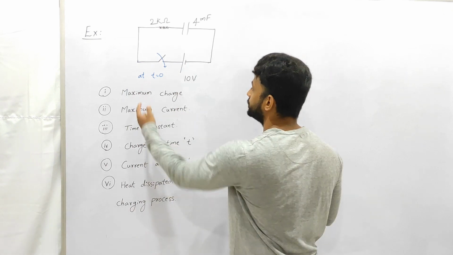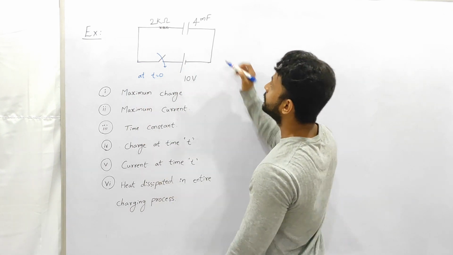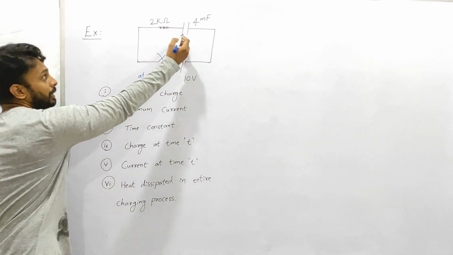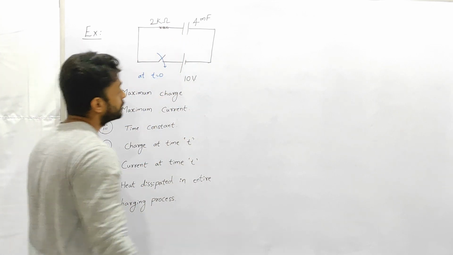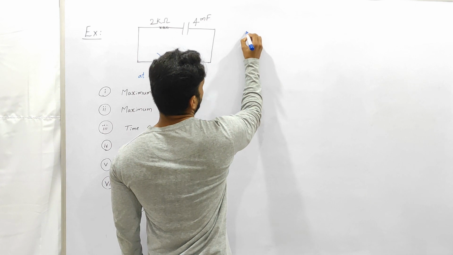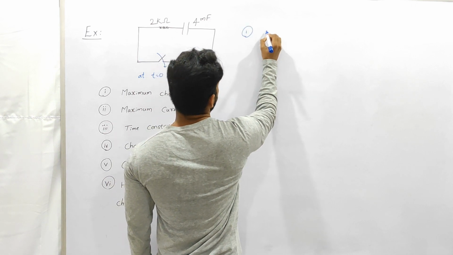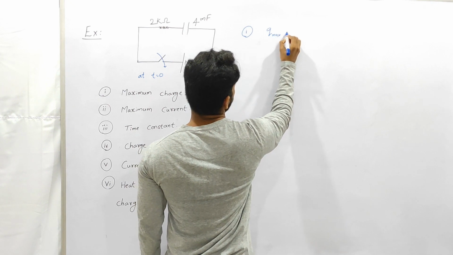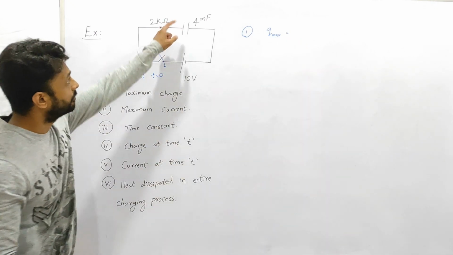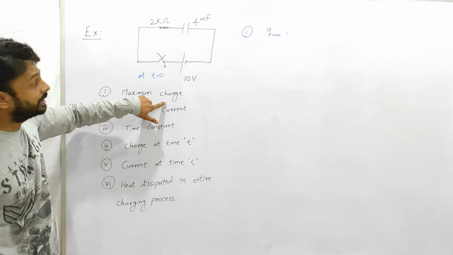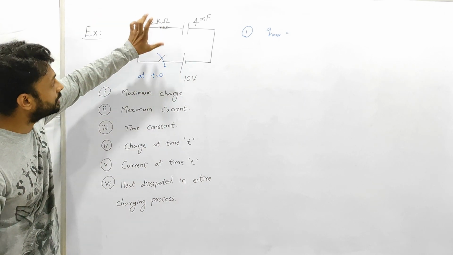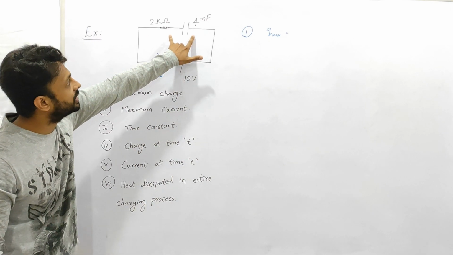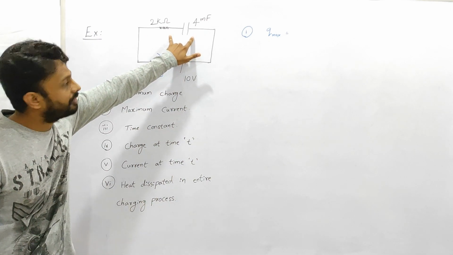So coming to the first question, what is the maximum charge on the capacitor? Initially I consider this capacitor is chargeless. So we already know the maximum charge on the capacitor, Q max. When do we get that maximum charge? At steady state, there is no current in the circuit, and the potential difference across the 10 volt battery should be equal to the potential difference across this 4 millifarad capacitor.